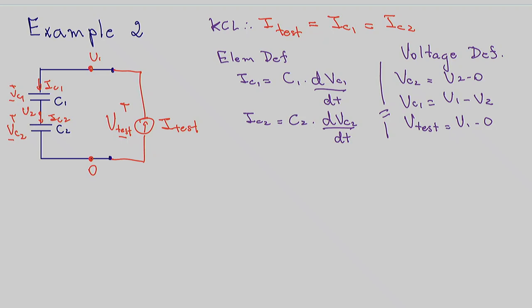Very good. Now we start substituting for our capacitors, because what we are looking for is a relationship between dV test dt and I test. So we have to write everything to get there. Shall we? Okay. Let's do first for capacitor 2.